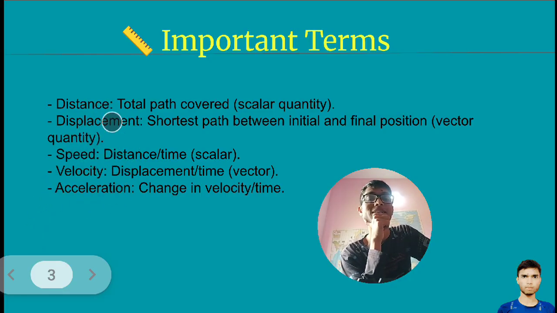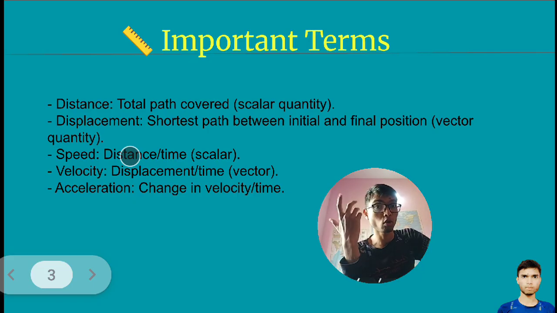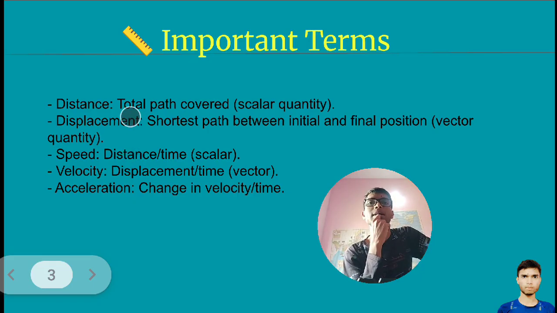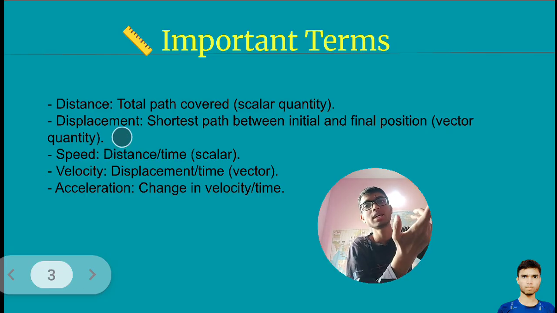A speedometer is a device used to find the speed of your vehicle. In a speedometer device you will get the speed of your vehicle, with this much speed your vehicle is moving. Clear?